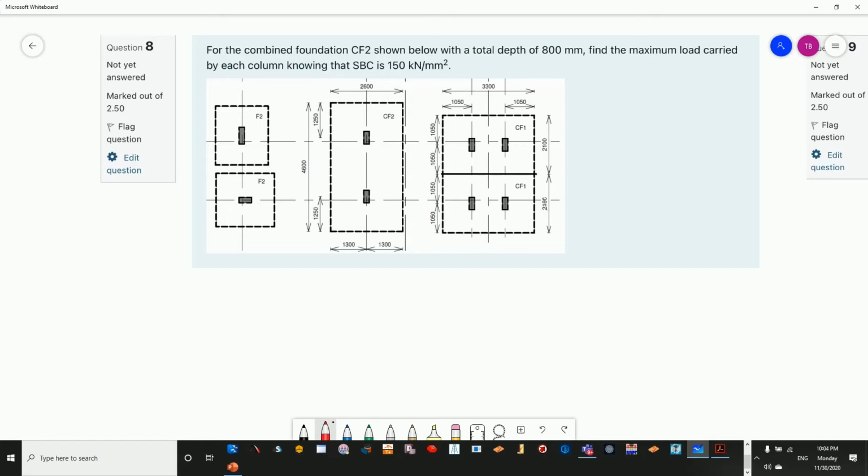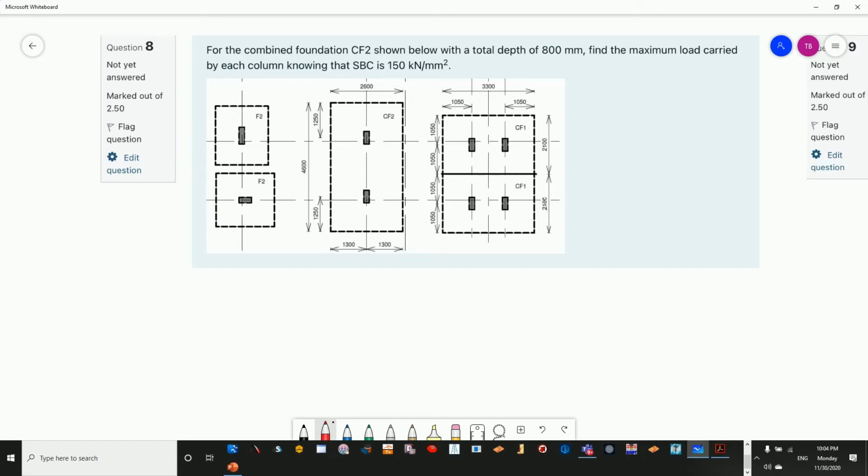Find the maximum load that can be carried by each column, knowing that the safe bearing capacity is 150 kilonewton per meter square.